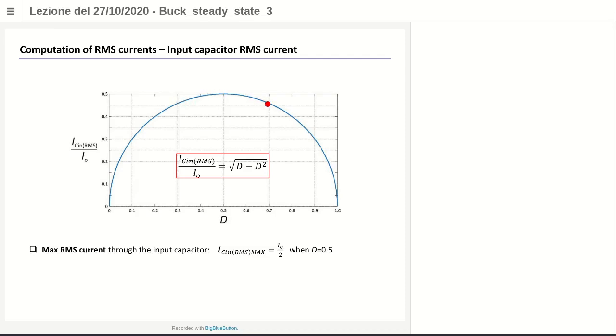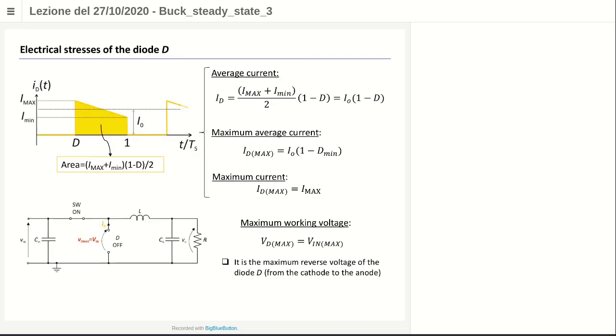We also have to understand that there is very little variation in this area between 0.3 and 0.7. It's almost flat in this part, so there is no huge variation for different duty cycles. But in any case, you have to consider the worst case situation, and this happens when the duty cycle is 0.5 and it becomes half the output current.